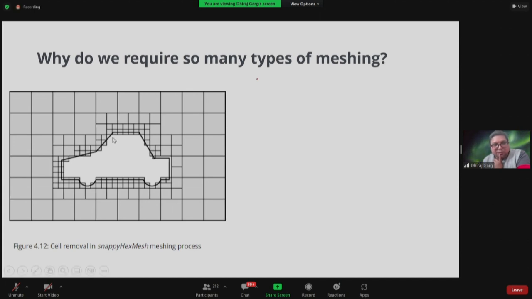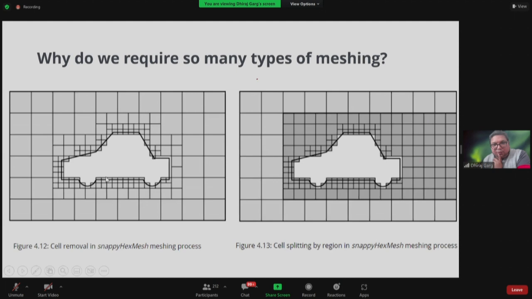Similarly here, you can see when you remove the remaining mesh which is not required to be computed, it leaves a structure like this. You can see clearly that using this type of structured mesh, we are not able to cover the geometry in a proper way. The curvature is not taken up properly in this direction. Somewhere it is on the outer side, somewhere it is inside. So how would you cover it further?